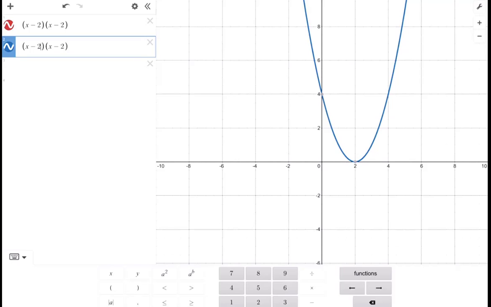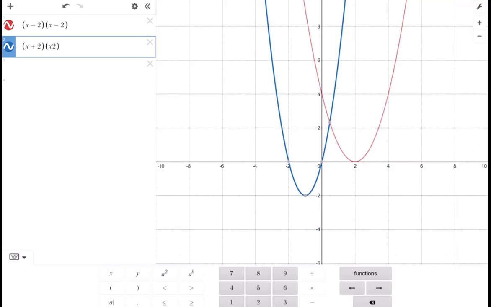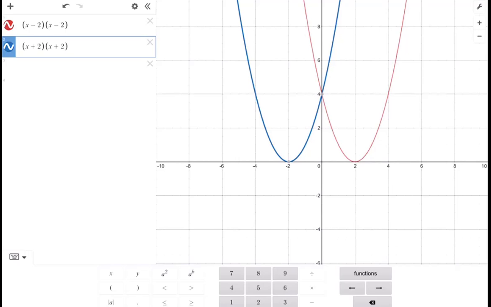So what do we want to do? x plus 2? And then change it. So the shape looks the same, right? But we moved our vertex. How do we get this? All right, so let's go back.